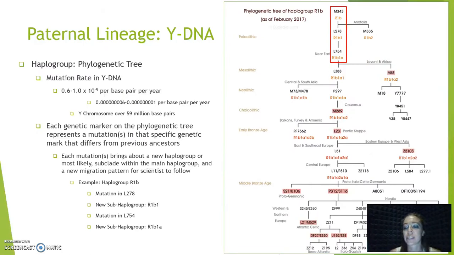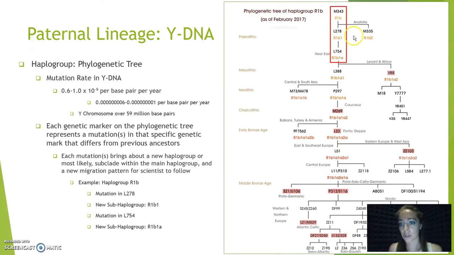So haplogroups. This is an example of a phylogenetic tree. As you can see, R1b is a subclade, which is an offshoot of the haplogroups. So the R is the haplogroup, and then the 1b is a more specified version of the haplogroup based on mutations.